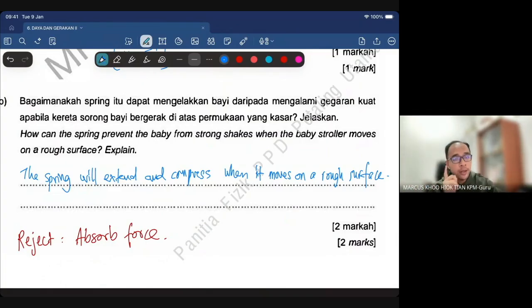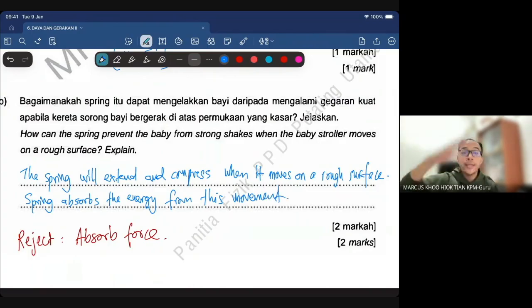The second one is very crucial because we cannot use the words interchangeably. What actually happens is that the spring absorbs the energy from this movement. The constant extending and compressing will cause the spring to absorb the energy.